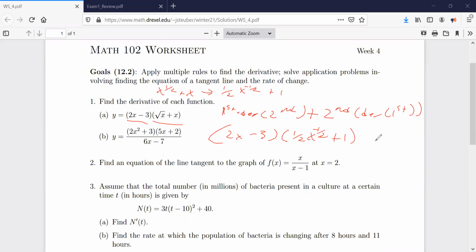And then that's plus the second times the derivative of the first. The second is just root x plus x, and the derivative of the first is just 2. Does that make sense to everybody?